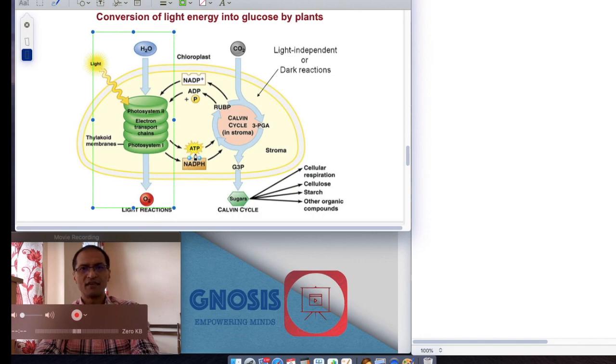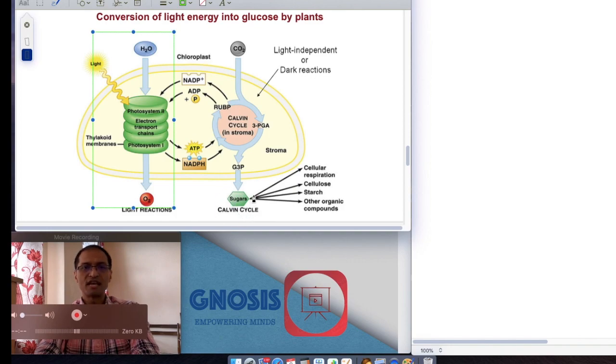Now this ATP and NADPH, these energy forms, then participate in the light independent reactions of photosynthesis, and here again you have the input of energy and the input of matter, and you have the Calvin cycle which takes place, and a series of reactions take place which finally gives us your carbohydrate, which is your sugars.